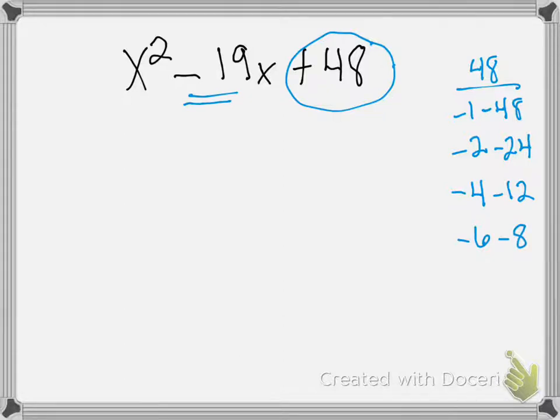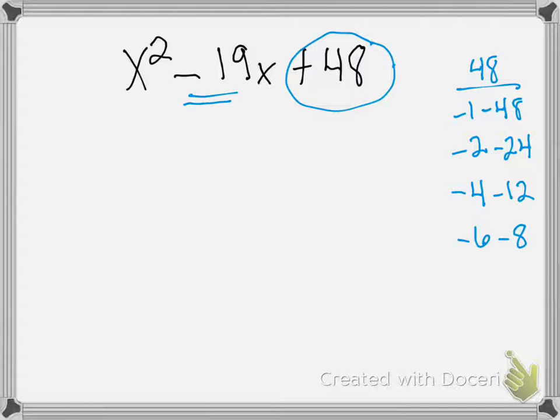Now, if we look at those four there, guys, and we add each pair together, none of those are going to give us a negative 19, okay? So if you ever are trying to factor a quadratic and you cannot figure out the pair of numbers that you need, what you're going to have to do is just start trying different combinations of numbers.